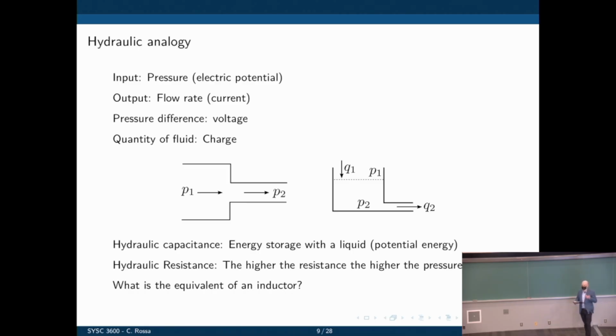Because that's what an inductor does in an electrical circuit. It tries to maintain the current the same. It has its own electromagnetic field energy, and so long as the current is flowing at a constant rate, it is happy, it doesn't do anything. But if the current starts to change, it will discharge that energy to keep the current going at the same rate. All right, so it's the same as an inertia. The fluid inertia exists, and the idea of the inertia is to continue to flow at the same rate, the same speed. So the inductor would be the equivalent of the fluid inertia.